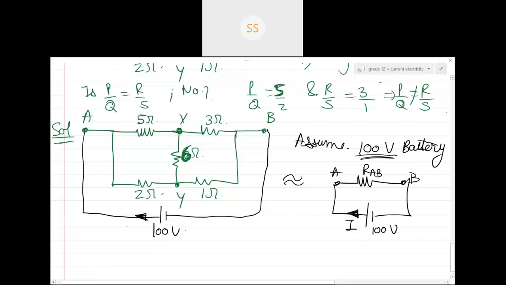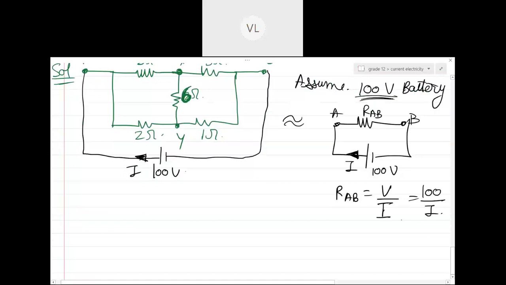So basically, I am replacing all these with a single resistance. That will be the net resistance. Right? So how can I calculate the net resistance? RAB equals V by I. So just for ease in calculation, don't worry, this will not affect the answer. Okay.